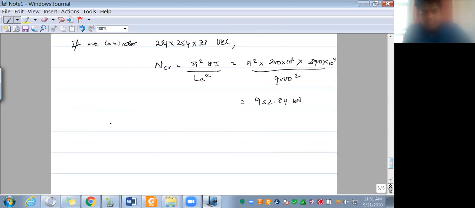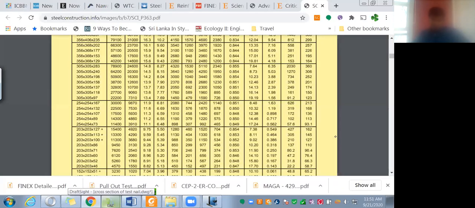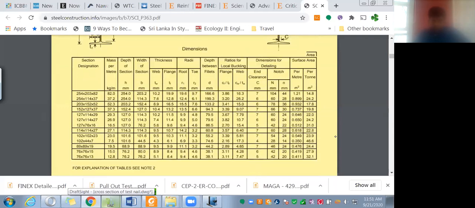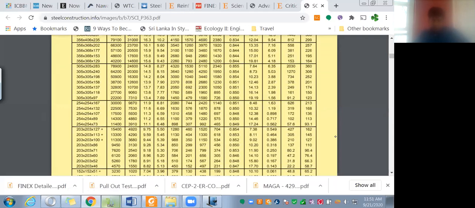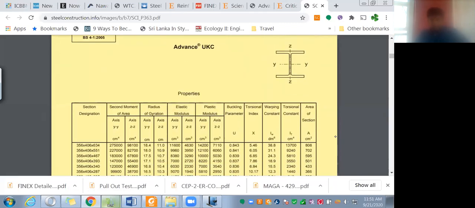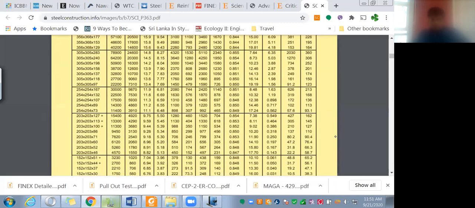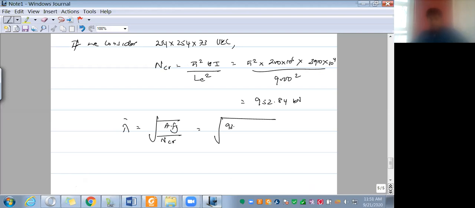So if you substitute N_cr, lambda bar is the square root of A into Fy over N_cr. The A for the 254, 254, 73 is 93.1 centimeters squared, so A is 9,310 millimeters squared.